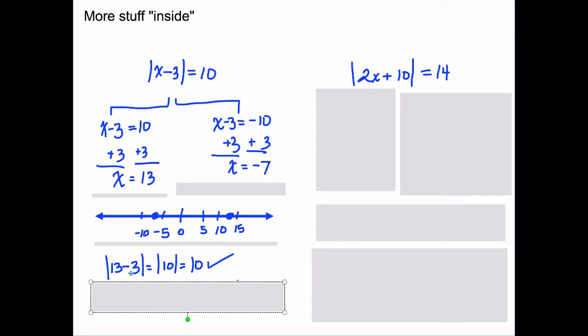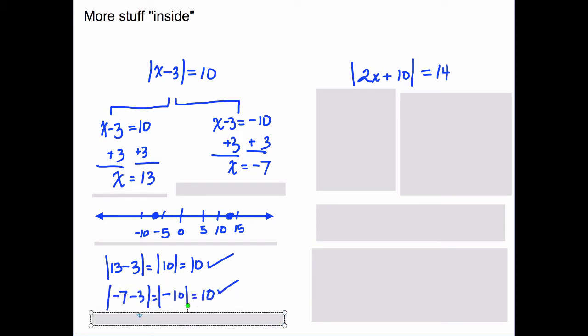We have absolute value of 13 minus 3 equals the absolute value of 10, which is 10, and that's correct. And then we'll test the solution -7. So we'll put -7 in for x. The absolute value of -7 minus 3 is equal to the absolute value of -10, which also equals 10.